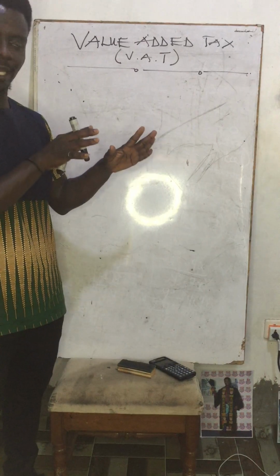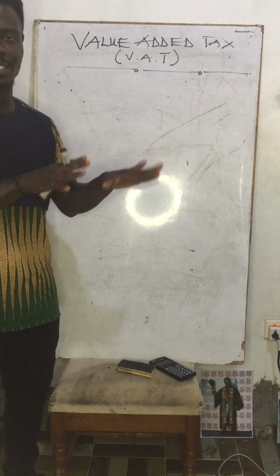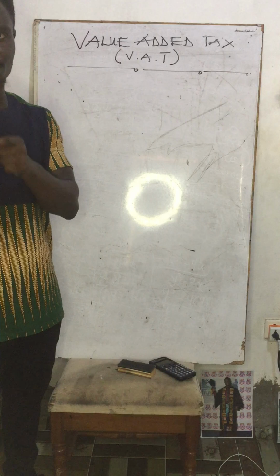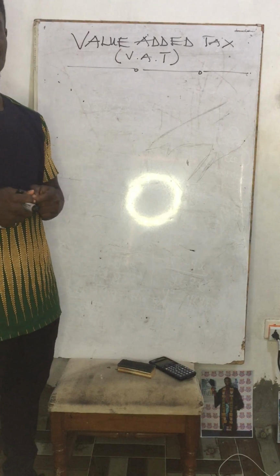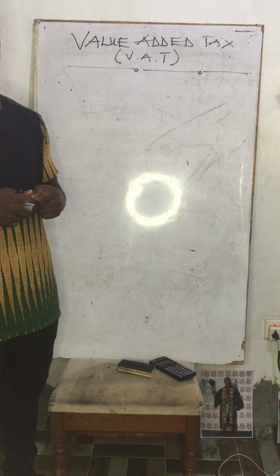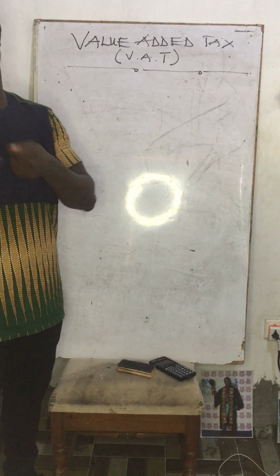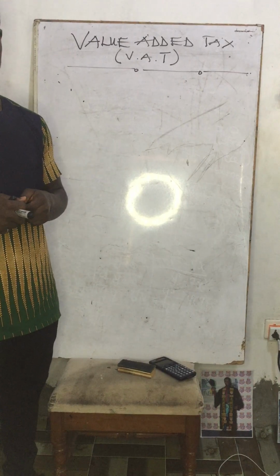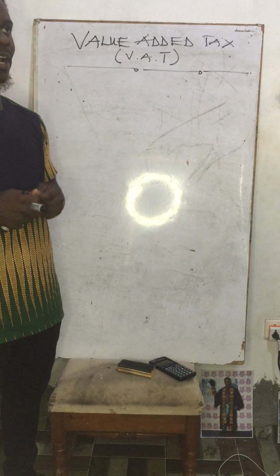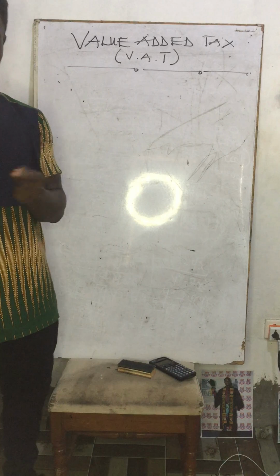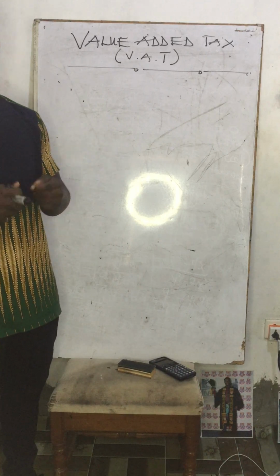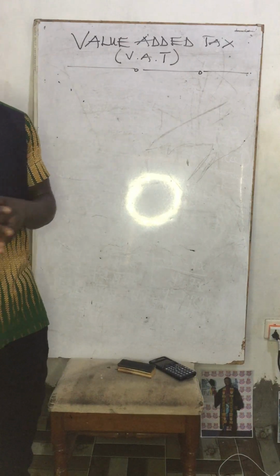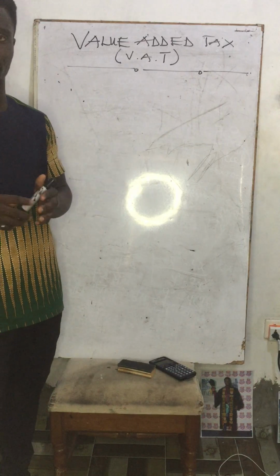For the direct tax, the income tax, if you work in the government sector or if government pays you, then the government has the mandate to deduct some amount from your salary to help in the construction of roads, schools, hospitals, etc. Or we can say the social amenities.